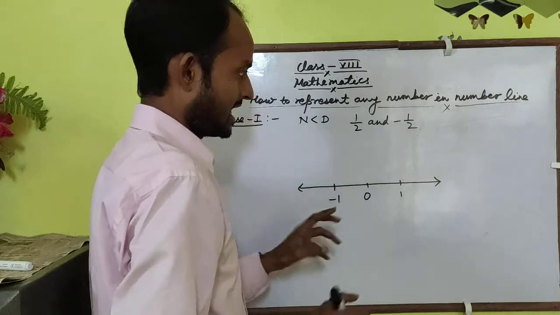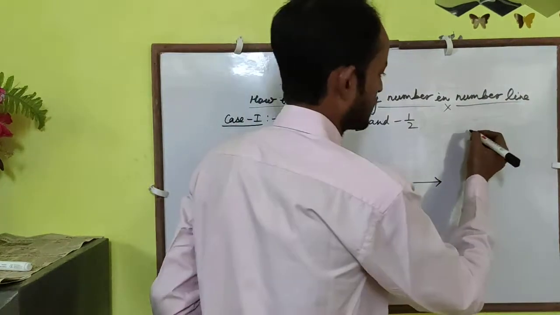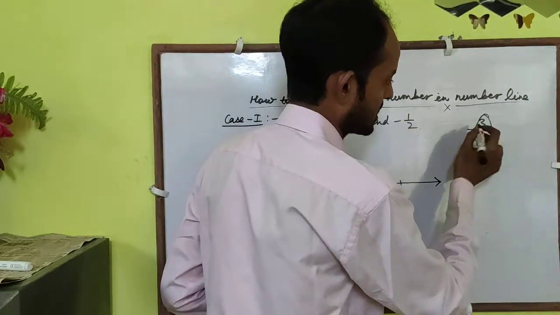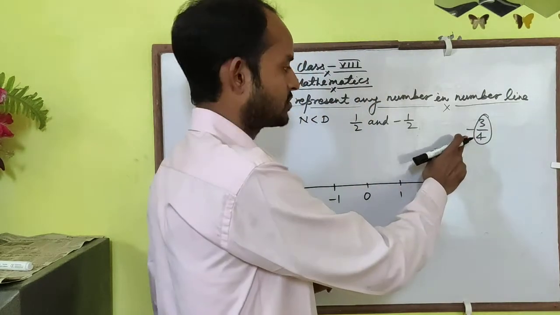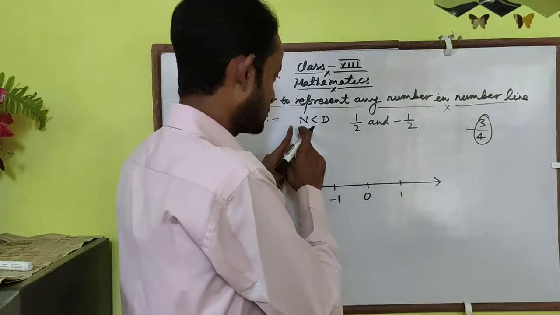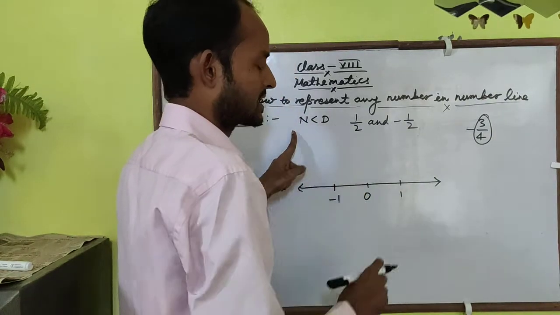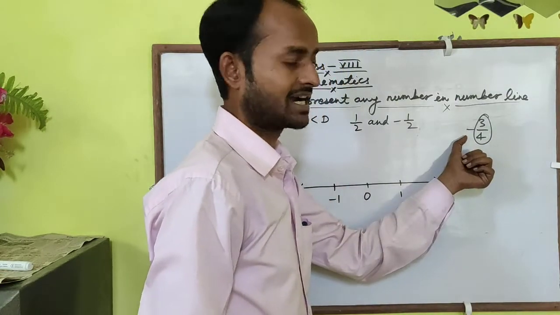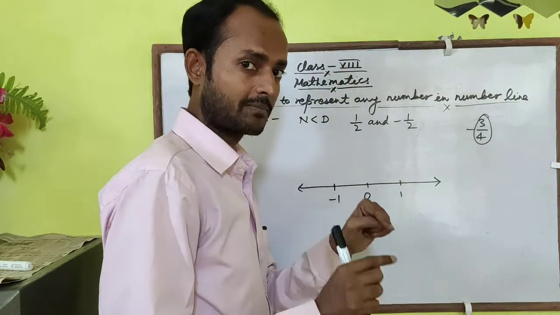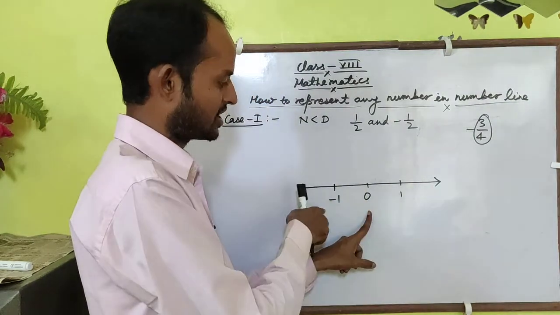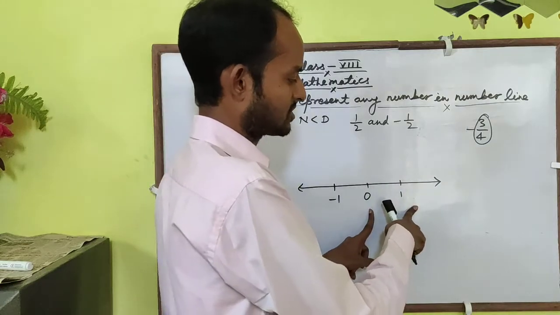Suppose the number is -3/4, then compare only 3/4, not including the minus, when you compare numerator and denominator. Only compare 3 and 4. But when representing, we draw this line, representing negative numbers on this side and positive integers on this side.